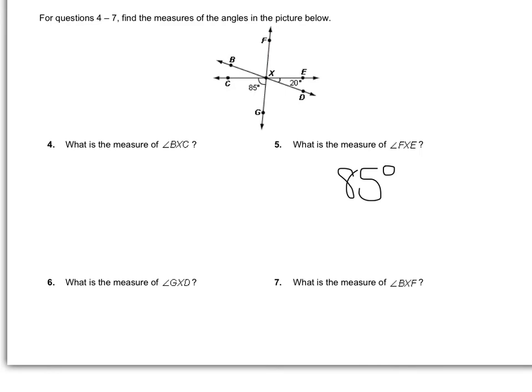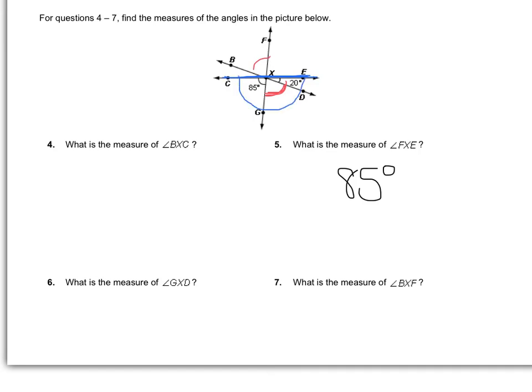Number 7 asks us to find the measure of BXF. That would be this angle right here. Well, I don't have any information about that, and its vertical angle on this side, I don't have any information about either. But if I think about this line CXE, this bottom side could represent half a circle.